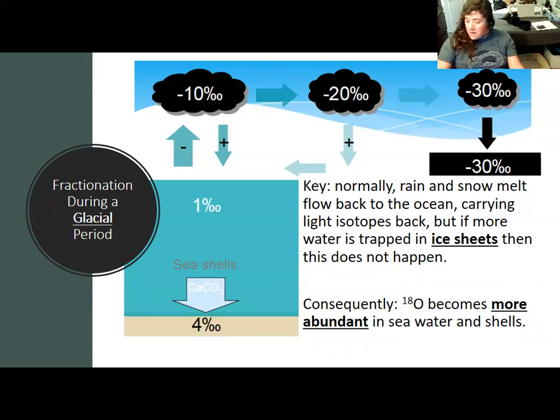And so O18 becomes more abundant in the ocean during a glacial period, and as a result of this, the amount of O18 in carbonate shells goes up. We see the ratio of O18 to O16 go up during a glacial period because more is available in the ocean, and more gets taken up by organisms like phytoplankton or snails to build their calcium carbonate shells.